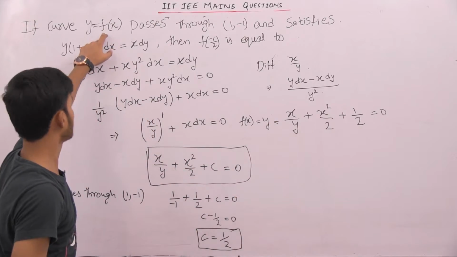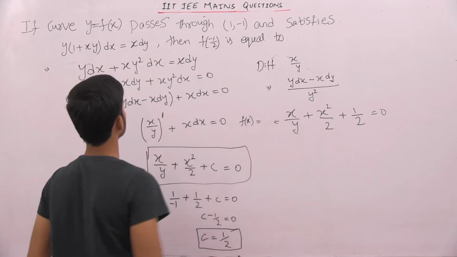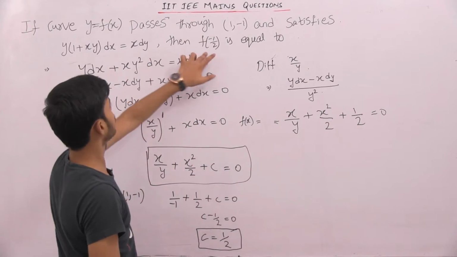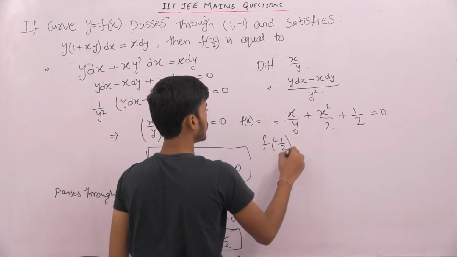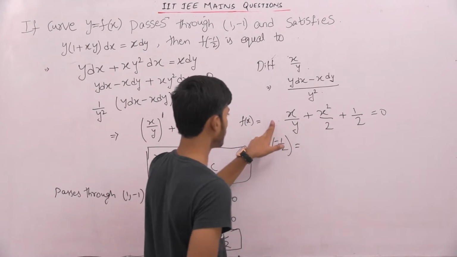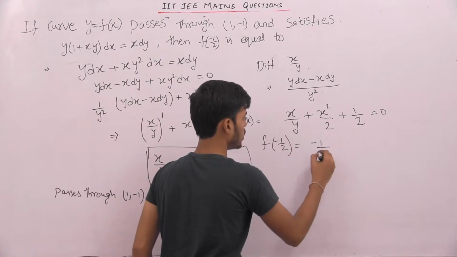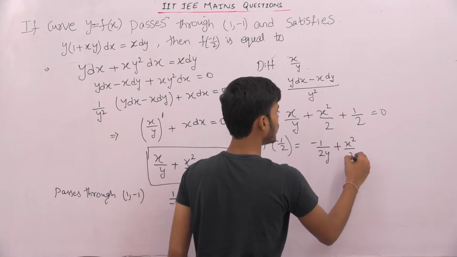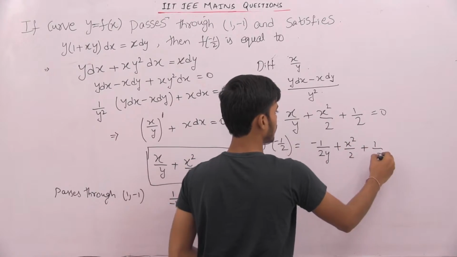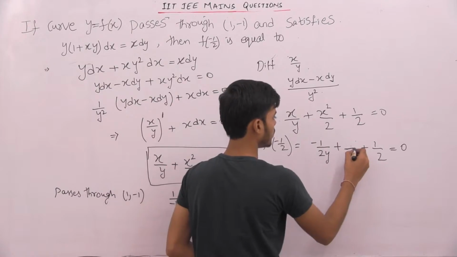Now we need to find the value of f of minus 1 by 2. So we put the value minus 1 by 2 in the place of x and find the value of y, which is f of x, where x is equal to minus 1 by 2.